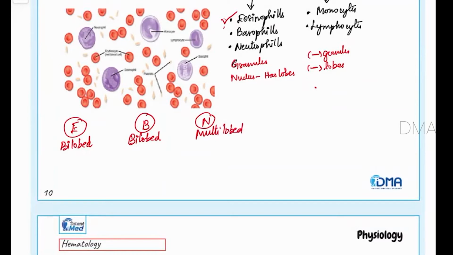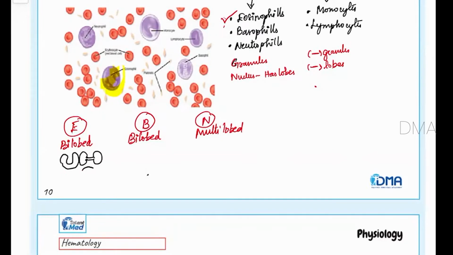Look into the eosinophil over here. When you look at this eosinophil, it is bilobed. The most common shape of the lobes is a headphone appearance or a dumbbell-shaped appearance.